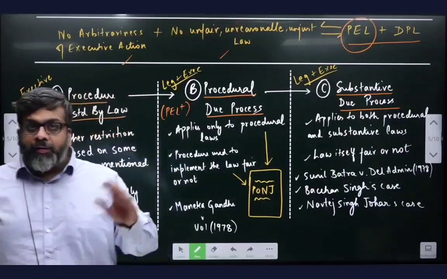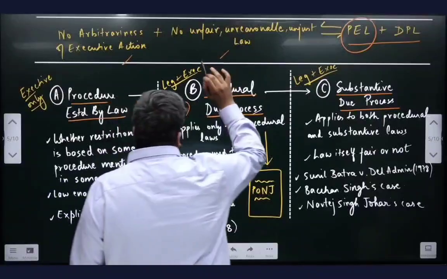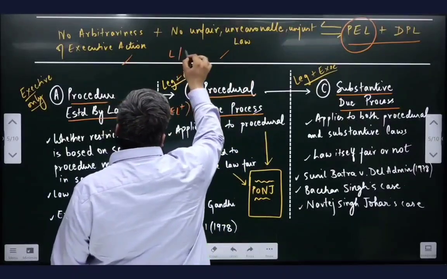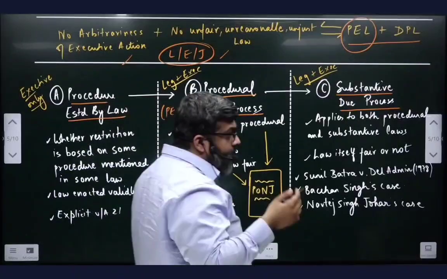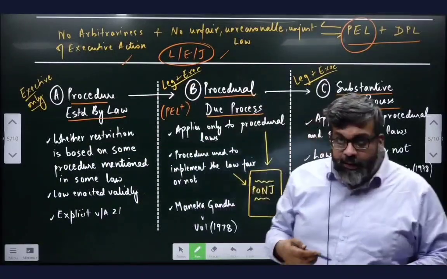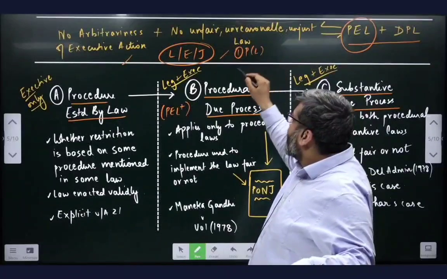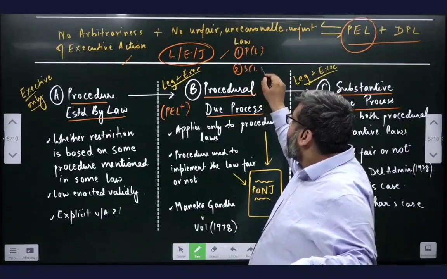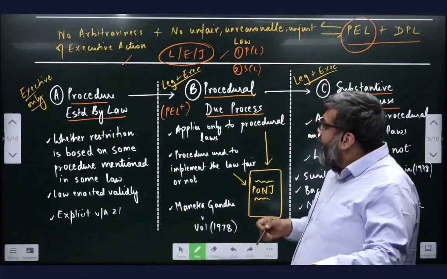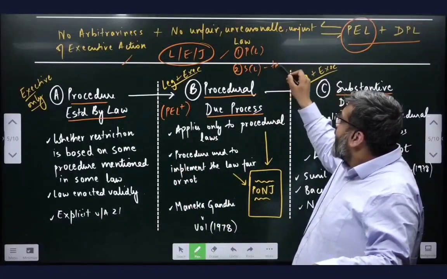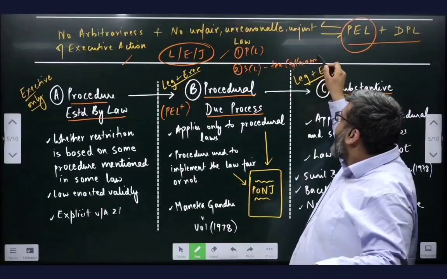To explain the difference between them, I'll take a simple example. We understand that there are three branches of the state, L, E and J. That's one parameter. And in the first lecture, you would have understood there are two kinds of laws. One is called a procedural law, the second is called a substantive law. Let's say, for example, let's make a law today that drinking tea in the afternoon is a crime.